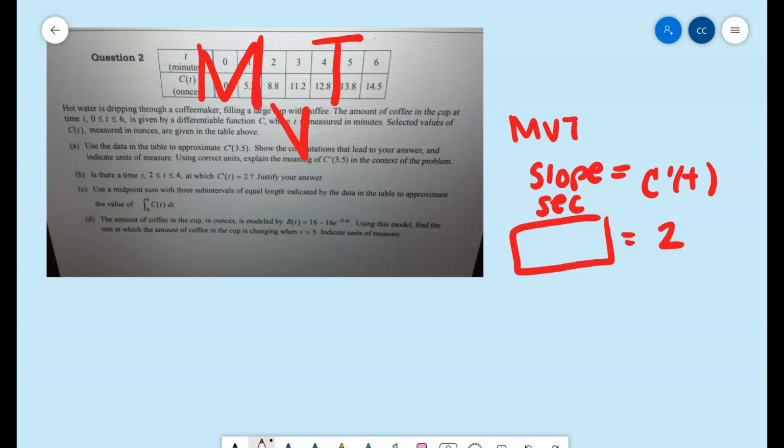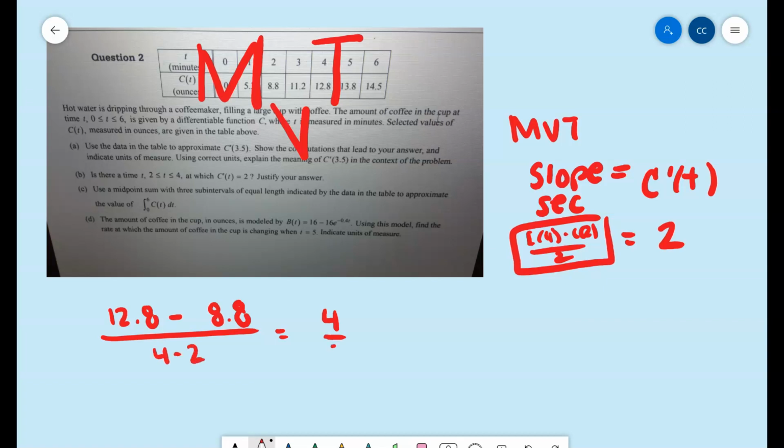So we're going to find the slope of c of 4 minus c of 2 all over 4 minus 2. So c of 4 is 12.8 minus c of 2, which is 8.8. Oh, that's so nice. So that's 4 over 4 minus 2, which is 2. 4 over 2 is in fact 2.